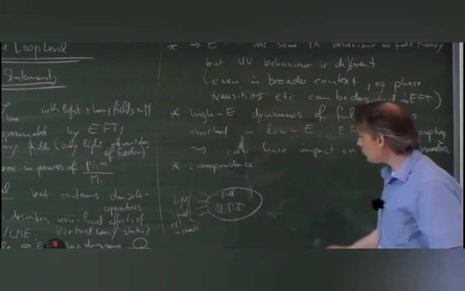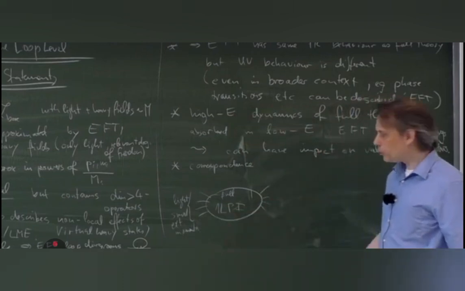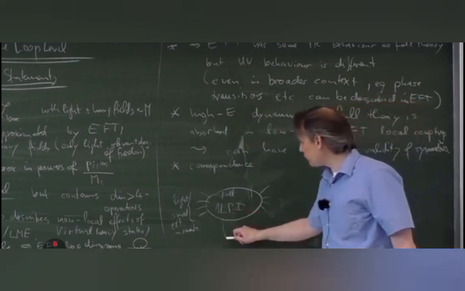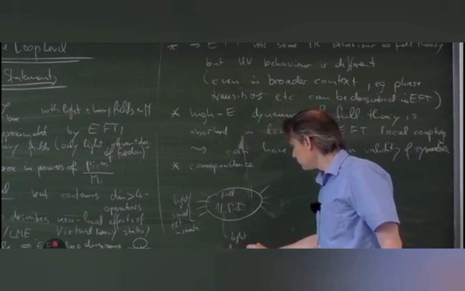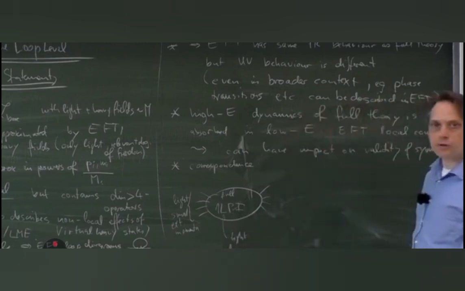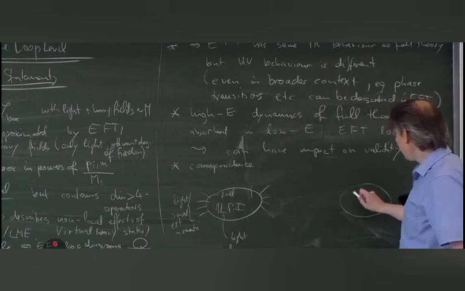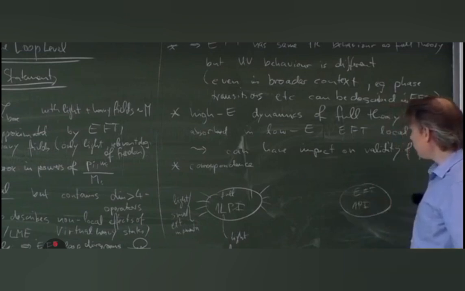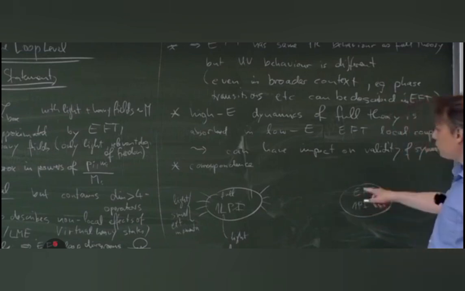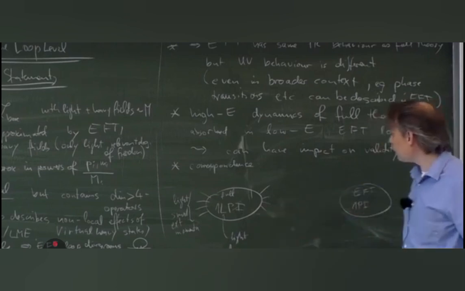And the diagrams should be one particle irreducible with respect to the light lines. Then these are the diagrams which become equal to EFT diagrams, which are simply one particle irreducible. In the EFT there are only light lines, and so that is the same as one light particle irreducible.